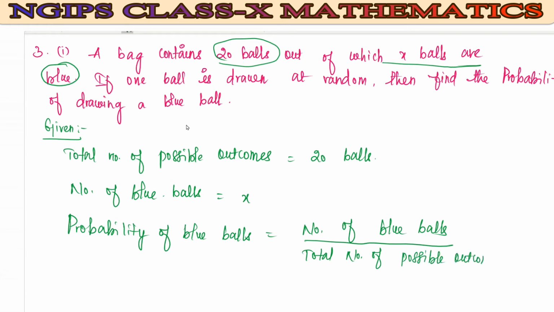In this condition, the number of blue balls is x. So I can write x divided by total number of possible outcomes. We have 20 balls, so I can write 20. Therefore the probability of blue balls is equal to x by 20. This is the answer. Next we will move to the second sub question.